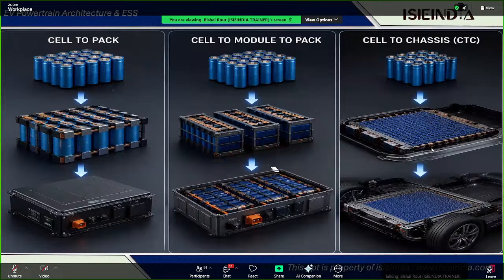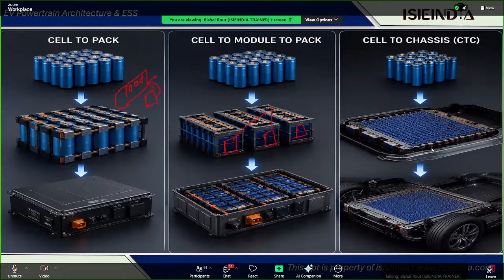And again, just for example, if in a vehicle you are utilizing 1,000 cells, managing 1,000 cells by a single BMS is very difficult, right? So that is the reason why four-wheelers attach AFE cards to each module.